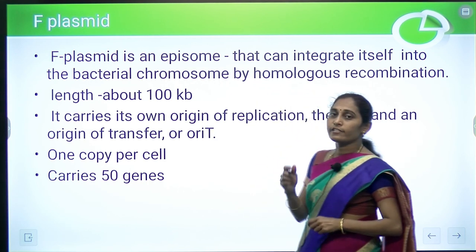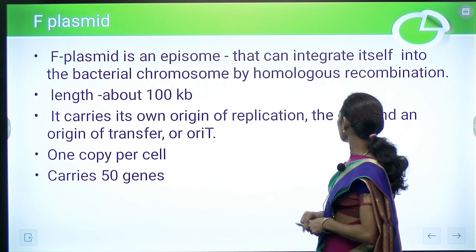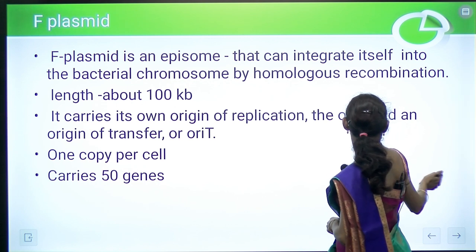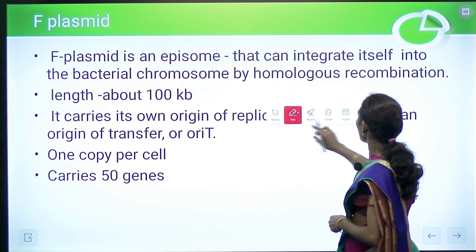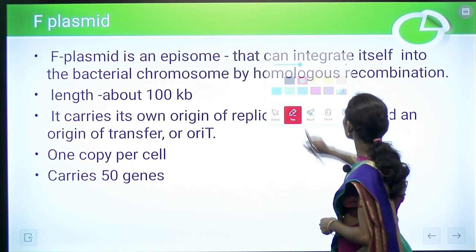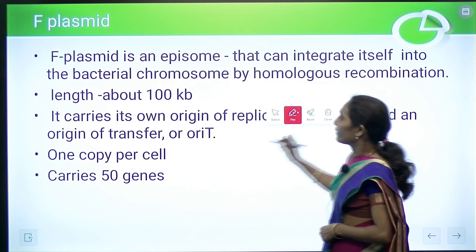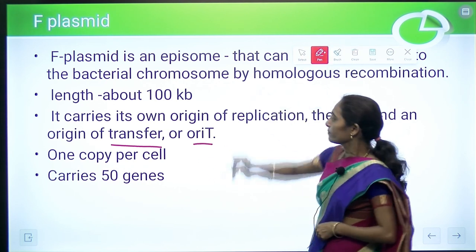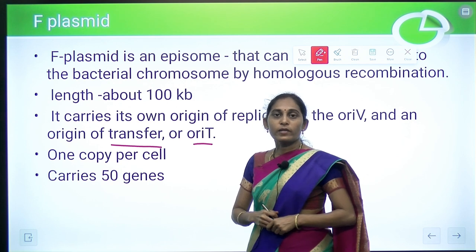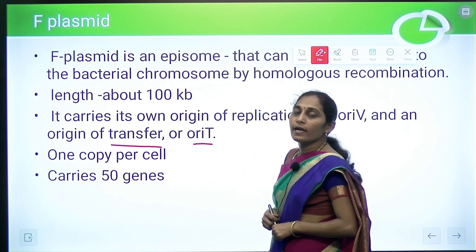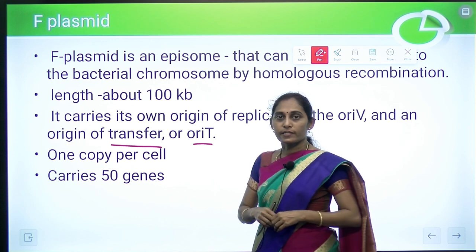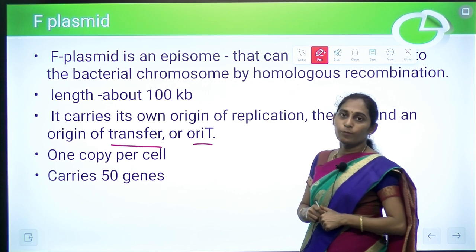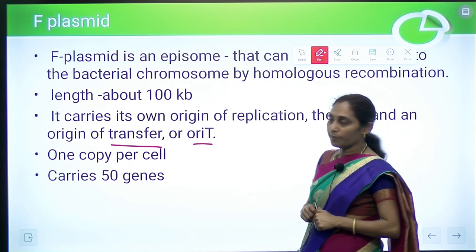It carries its own origin of replication, that is ORI-V, and also an origin of transfer, that is ORI-T. Probably only one copy is present in one cell and it carries about 50 genes. Sometimes they may carry more than 50 genes in each plasmid.